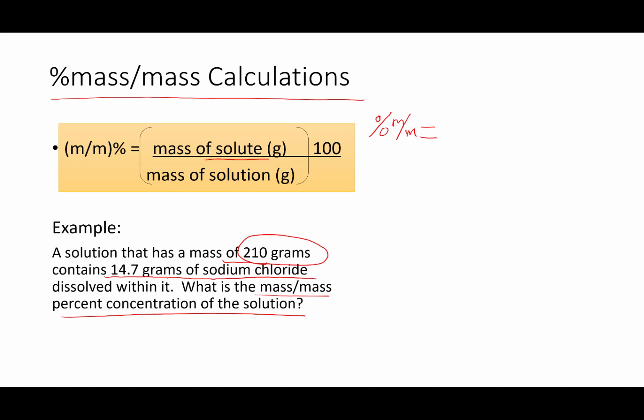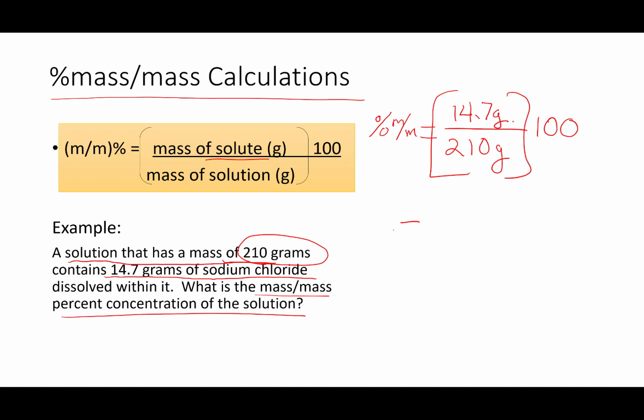So that's going to be my sodium chloride, 14.7 grams. The entire solution has a mass of 210 grams. So the part divided by the whole, and then times 100 in order to make that a percentage. When I divided that out, 14.7 divided by 210, I got a 7% solution.